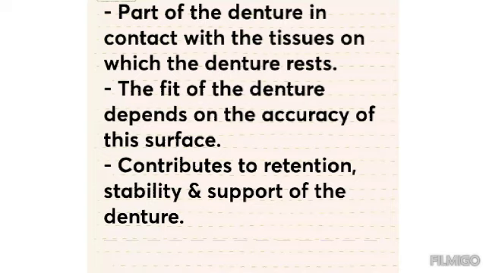So the fit of the denture depends upon the accuracy of this surface. It is very important, and it contributes to retention, stability and support of the denture. So this part of the denture is in direct contact with the tissue.